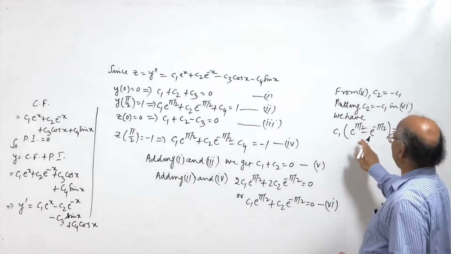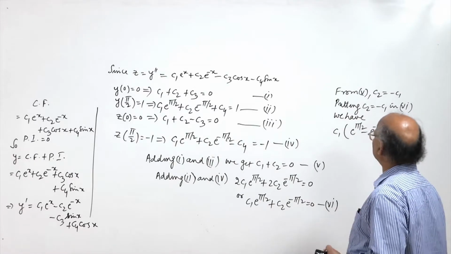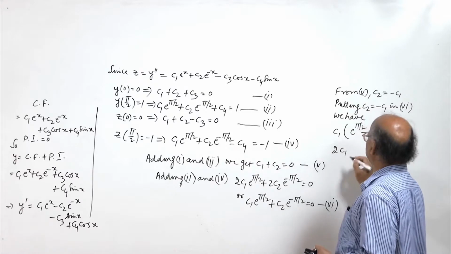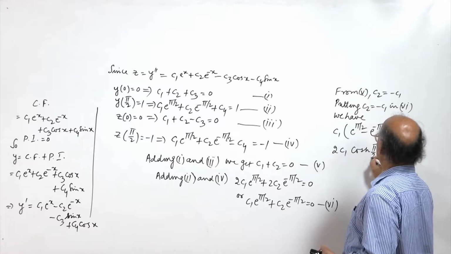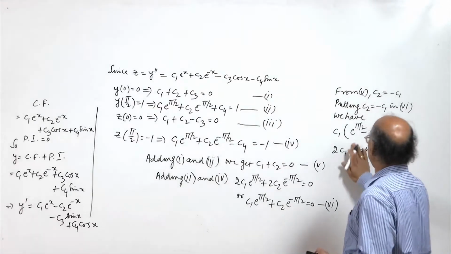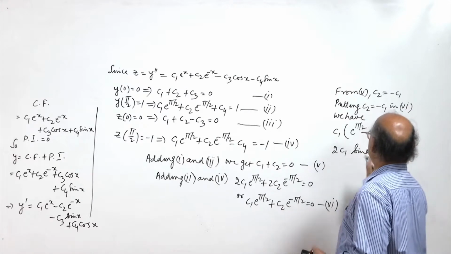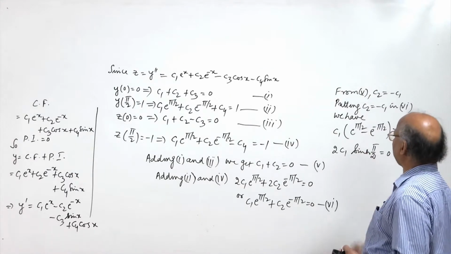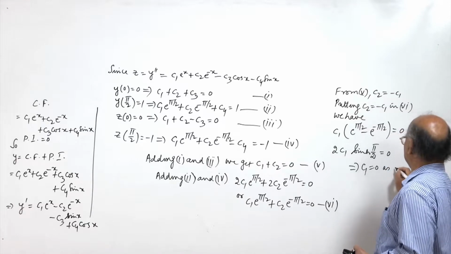Now e to the power pi by 2 minus e to the power minus pi by 2 is equal to 2 sine hyperbolic pi by 2. So we get 2 c1 sine hyperbolic pi by 2. So since sine hyperbolic pi by 2 is not 0, this implies c1 equal to 0.